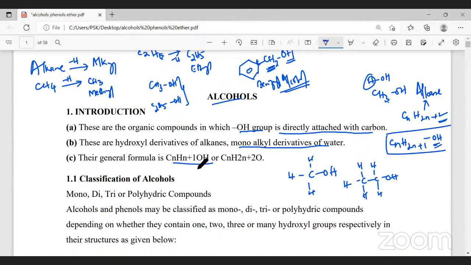So the general formula of an alcohol is CnH2n+1OH, or CnH2n+2O. This is the general formula because we have the OH group.